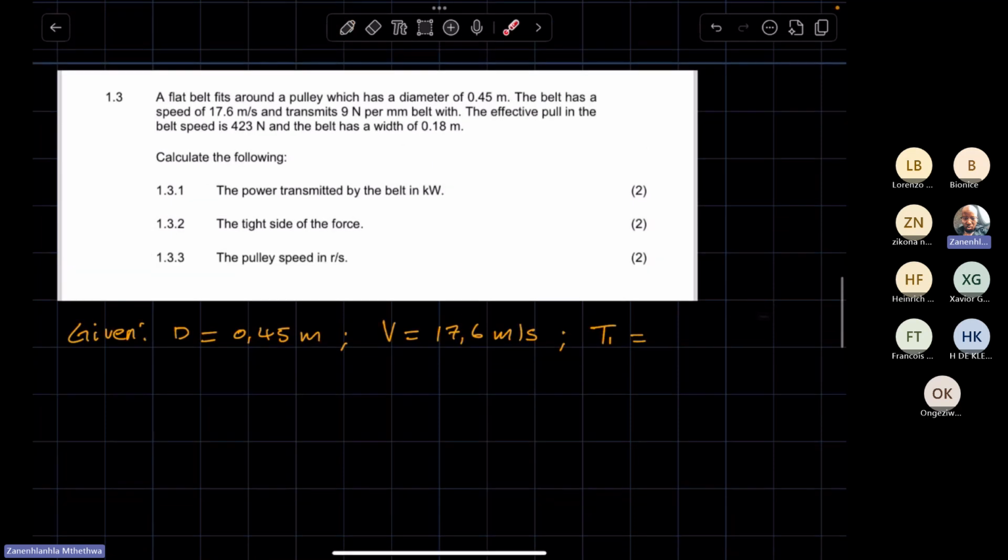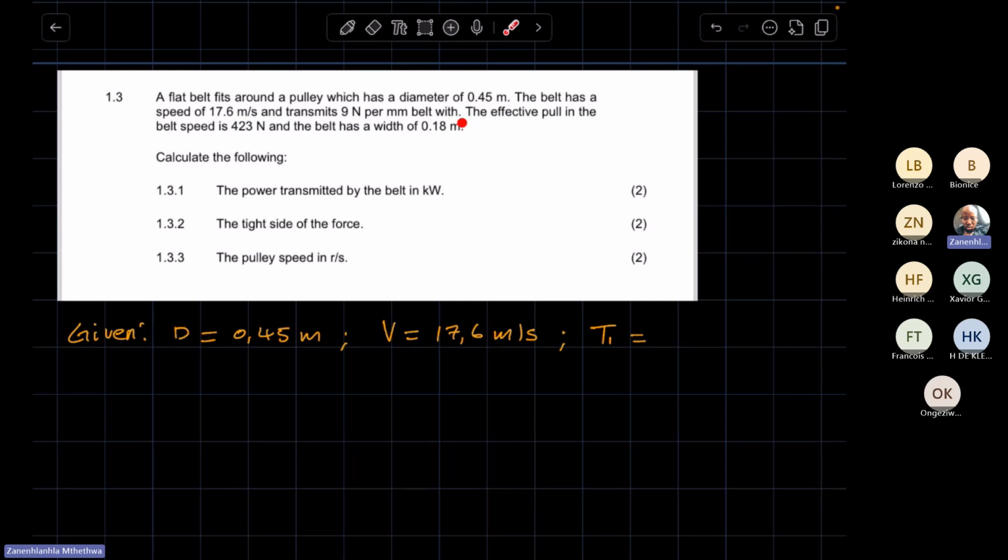And the reason why I'm saying how they've put it here is a bit flawed is because nothing from the statements indicates that this tension is for T1 or this tension is for T2. How they should have put it at least is they should have said the maximum tension that the belt transmits, or the maximum tension on the belt is 9 newtons per millimeter belt width.